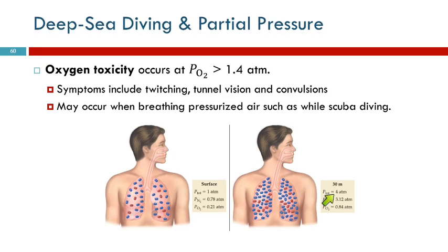Down at 30 meters, the total pressure would have to be 4 atmospheres, and so you would be getting 0.84 atmospheres of oxygen. That's not high enough to be dangerous, but we're getting up there. If you went very deep and were breathing just pressurized air, you could get oxygen toxicity.